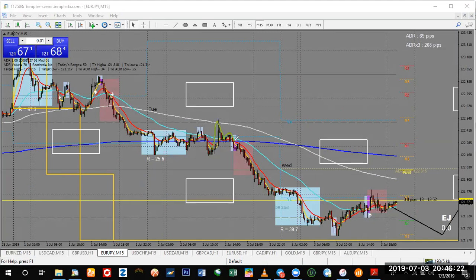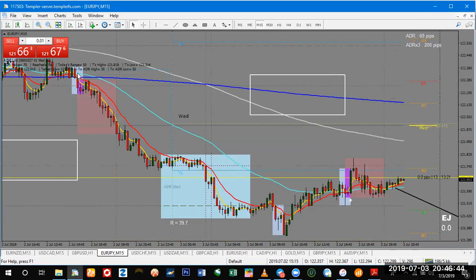Your entry confirmation would be the candlestick here should close below the 5 and 13 EMA. And at that specific point, you should see a 5 and 13 crossover. That's an entry confirmation.